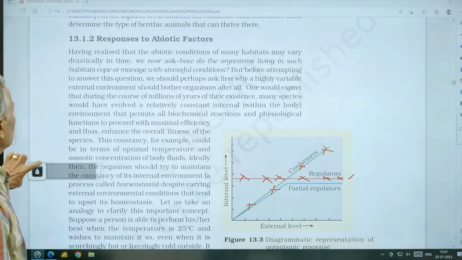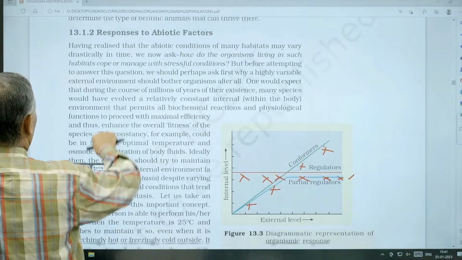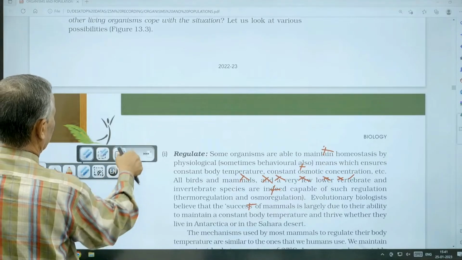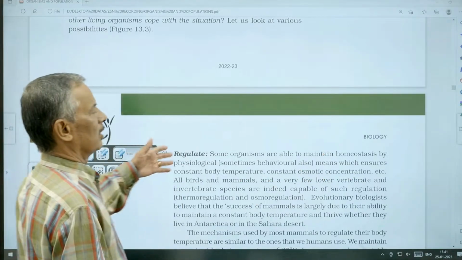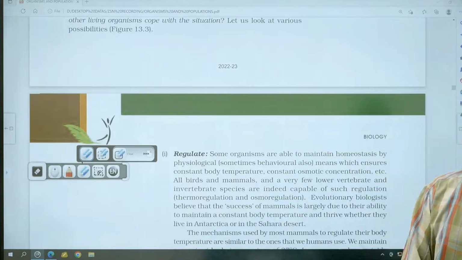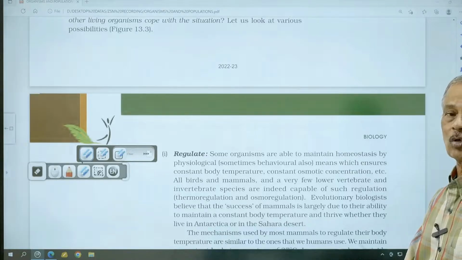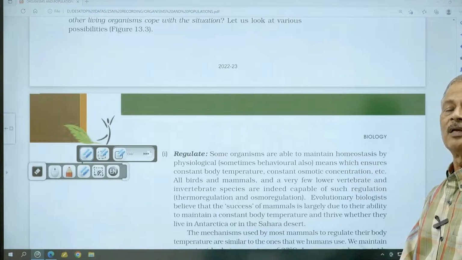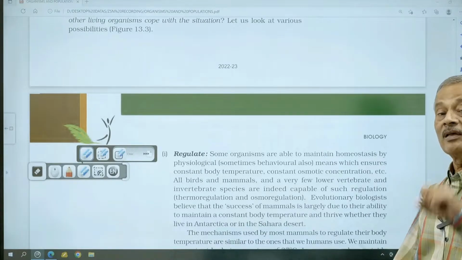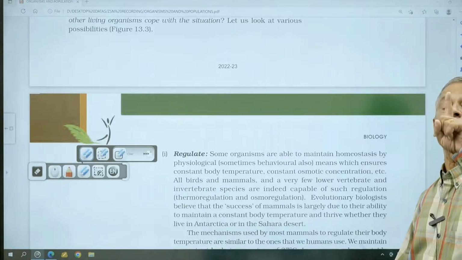Okay. Now, organisms have developed some technique through millions of years of evolution. What are the techniques? The organisms have an ability to regulate. As they are regulating their constant and steady internal environment, they will be in homeostasis. But for that, they have to do a lot of work. They have to spend a lot of energy.